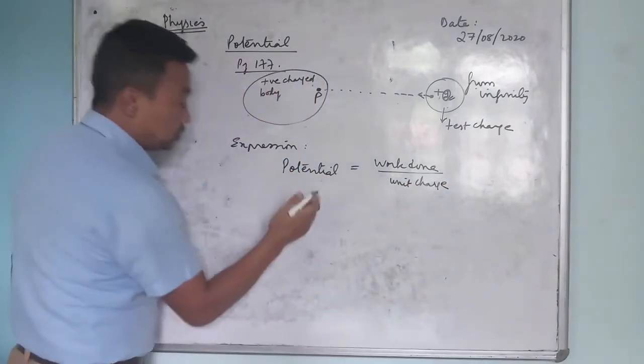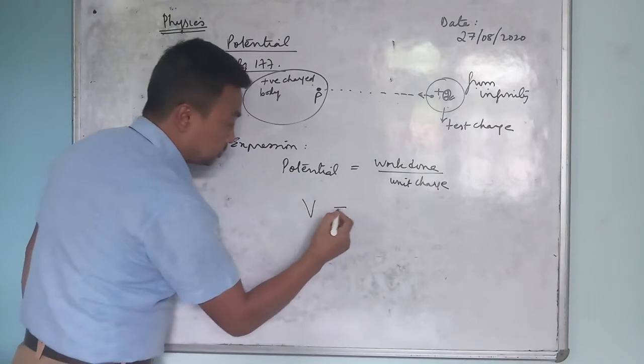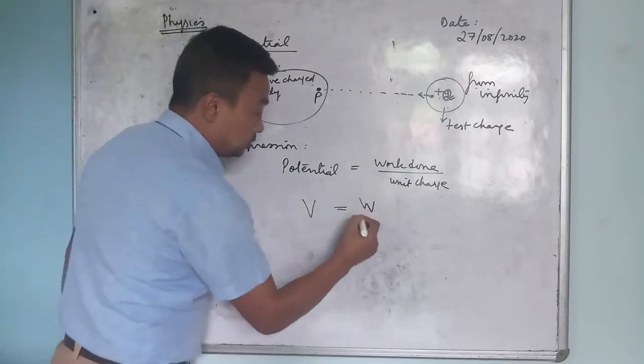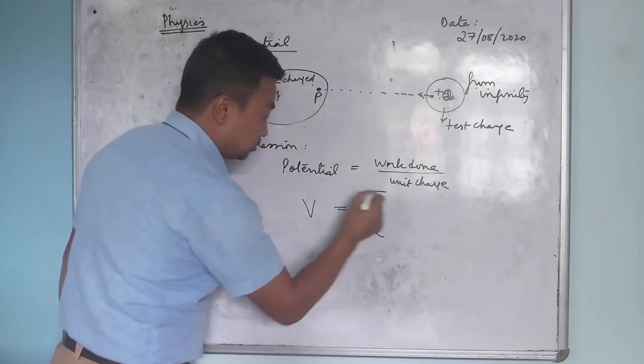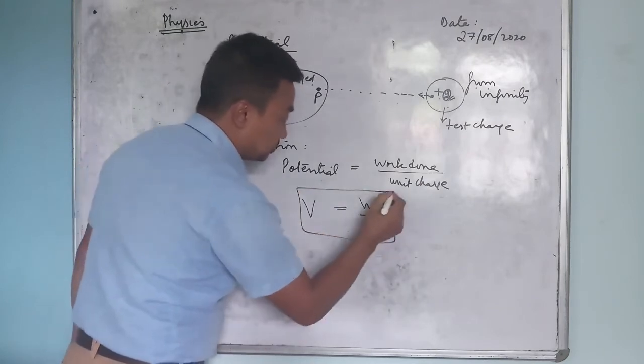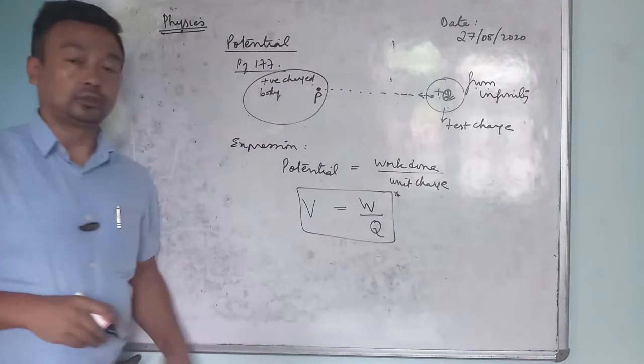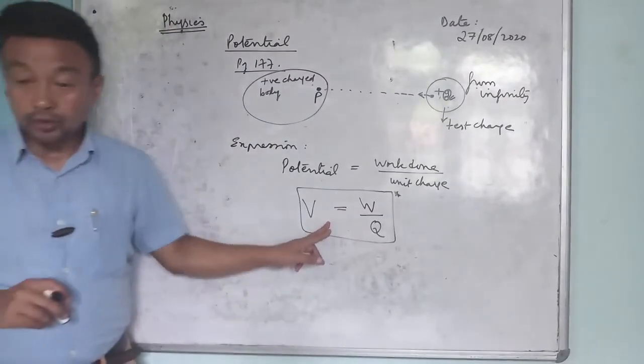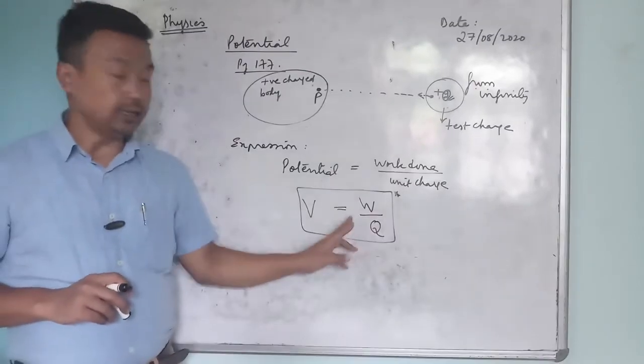So this potential is given by the symbol V, and work done is given by W, and the charge is given by Q. So learn this formula. Potential is equal to W by Q.